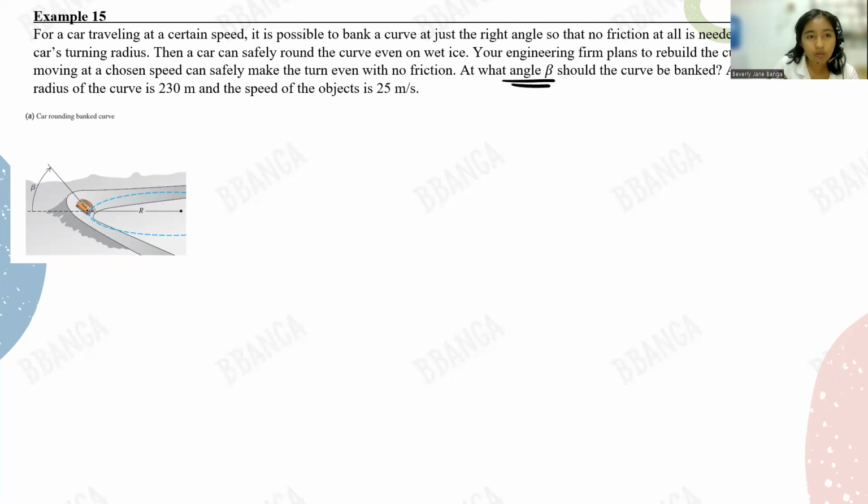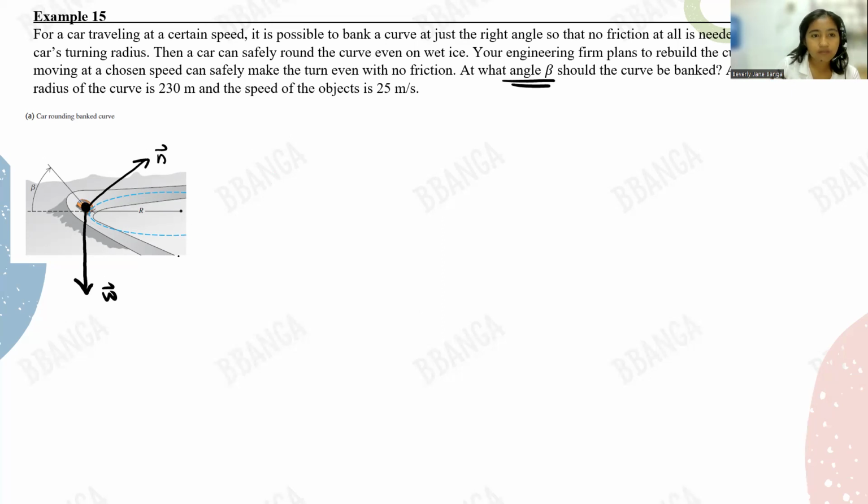So, dito, gawa mo na ulit yung FBD. Ito yung car, and ito yung weight. Okay? And then, yung curve natin is pa ganyan. So, ibig sabihin yung normal force mo ay pa ganyan din. Perpendicular. Okay?